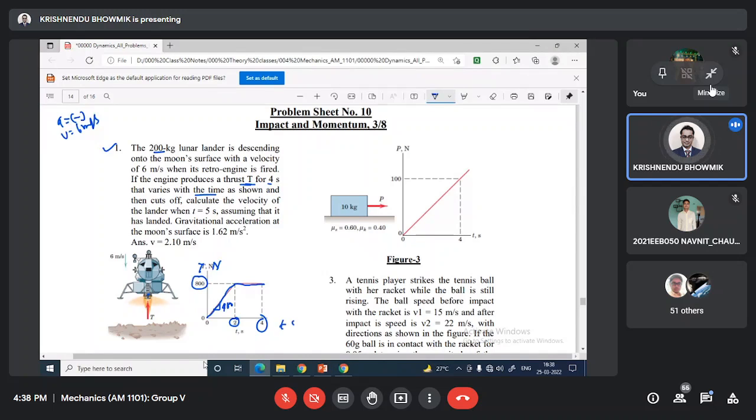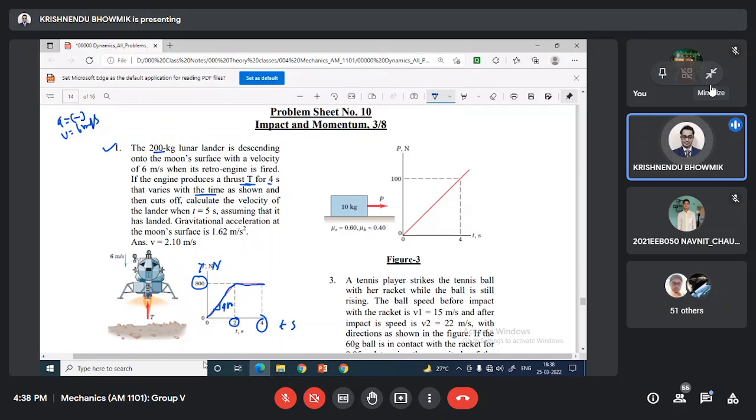So it is t in seconds, and thrust in Newton. So the thrust T for 4 seconds varies with time as shown, and then it cuts off. So at t equal to 4, the engine has stopped. Calculate the velocity of the lander when t equal to 5 seconds, assuming that it has landed.